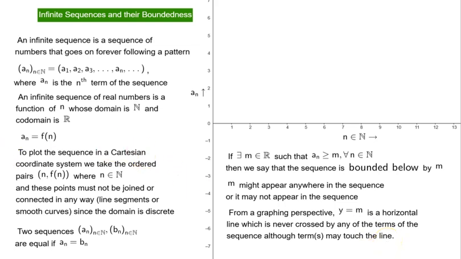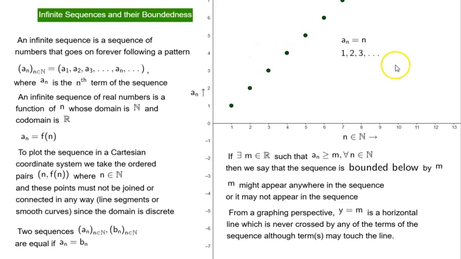Okay, now let's look at some examples to understand what is all this about. Any idea what this set of points represent? They represent the sequence a sub n is equal to n. That is, a sub 1 is 1, a sub 2 is 2, a sub 3 is 3, a sub 4 is 4.